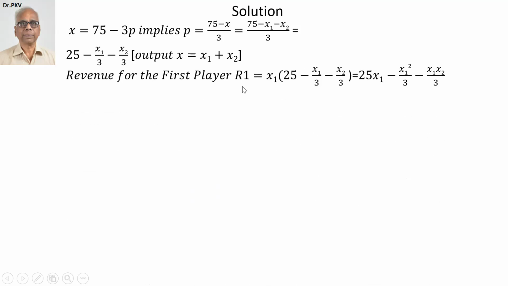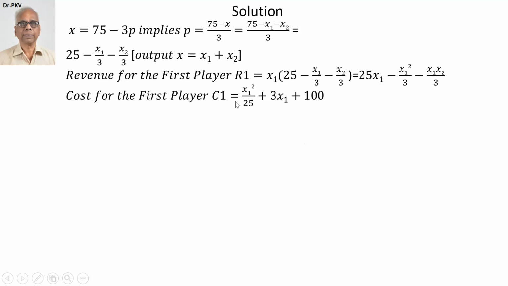Revenue for the first player, R1 equal to X1 into 25 minus X1 upon 3 minus X2 upon 3, because P is written as a function of X1 and X2. So this is equal to, upon simplification, 25X1 minus X1 squared upon 3 minus X1X2 divided by 3.